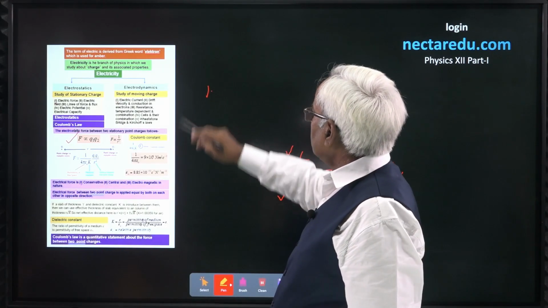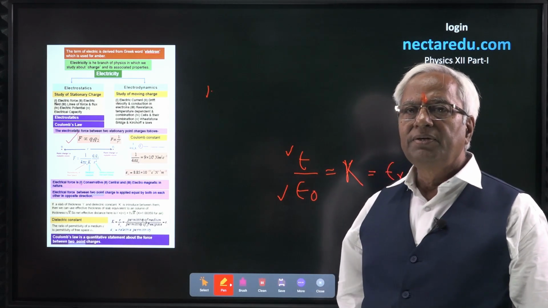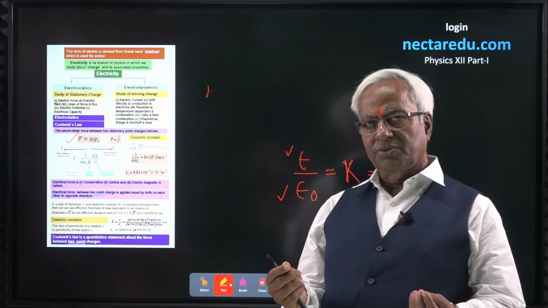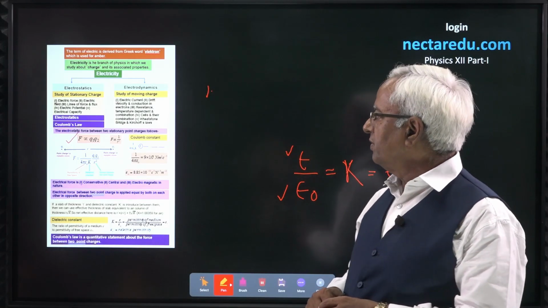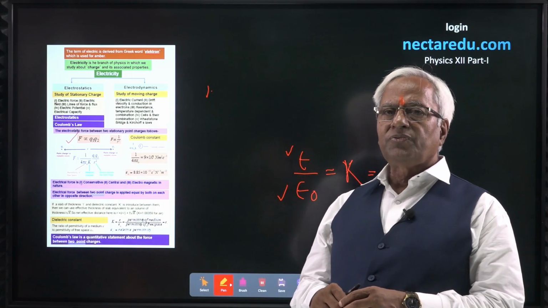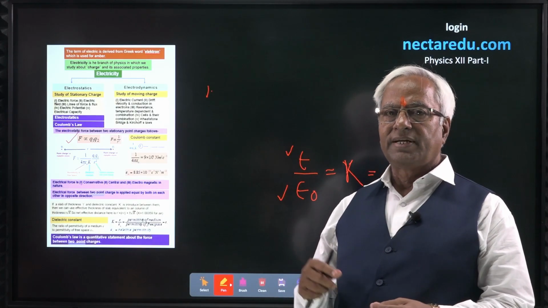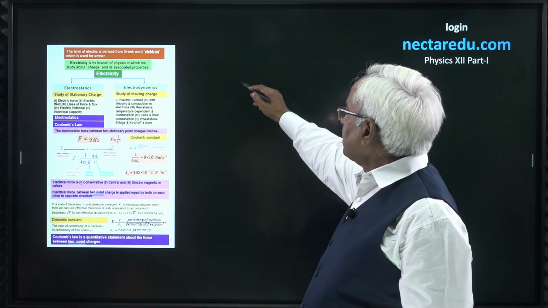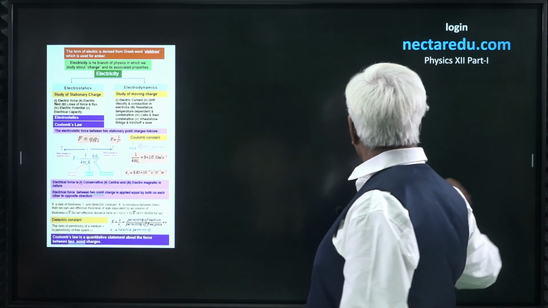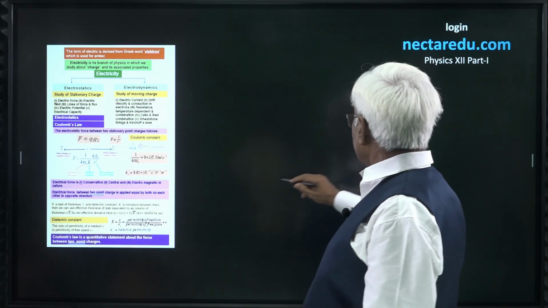Electric force is conservative in nature. Conservative means it follows the inverse square law, and there is no loss of kinetic energy because of this force. This force is also central in nature, which means it is directed to the origin from where it started. Electrical force is central in nature.